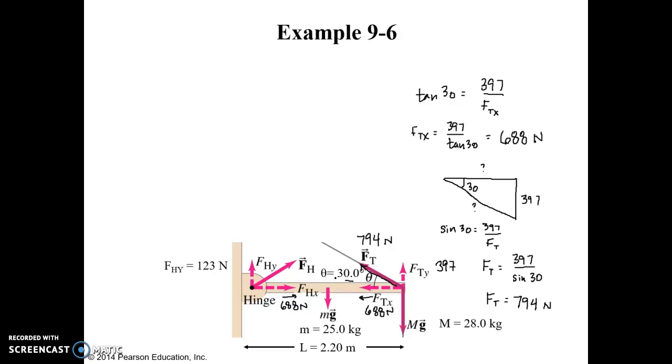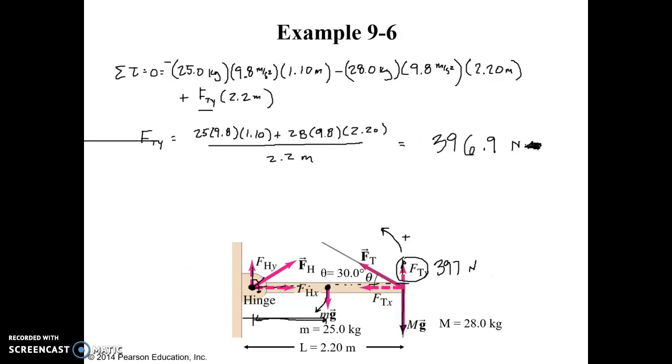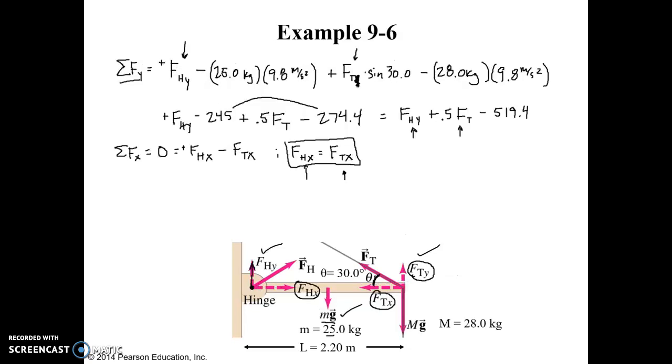And finally, to find the vertical hinge force, if we again go back and look at what we've previously calculated, let's take this right here.